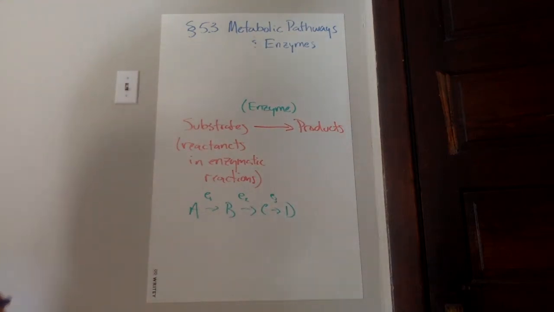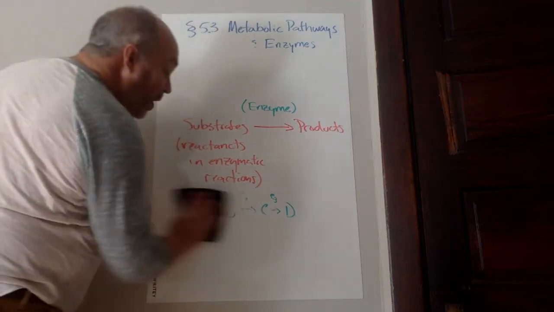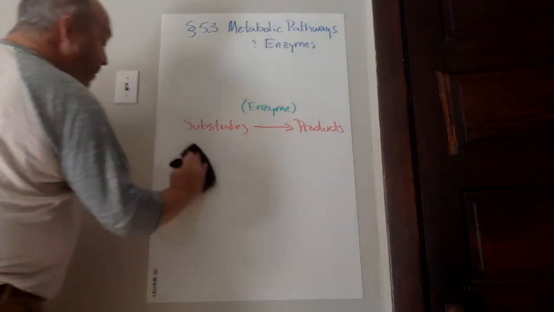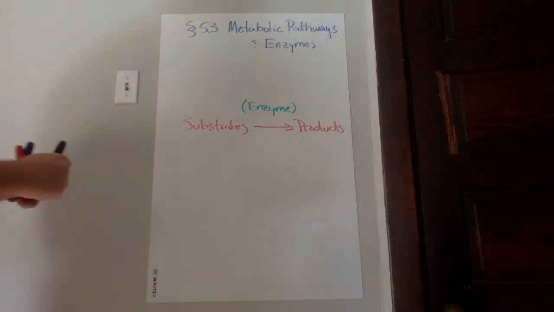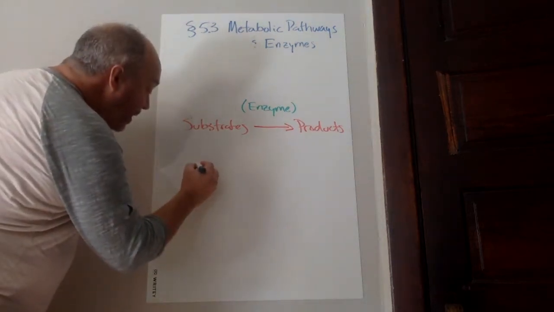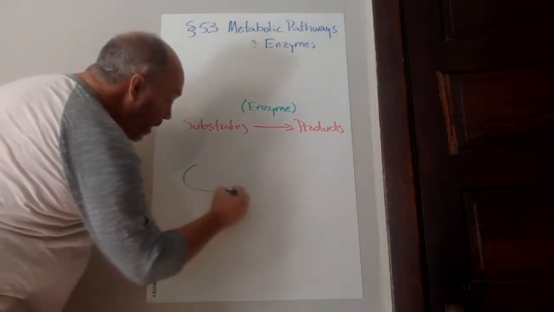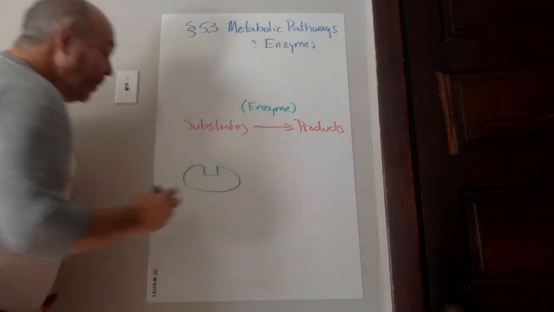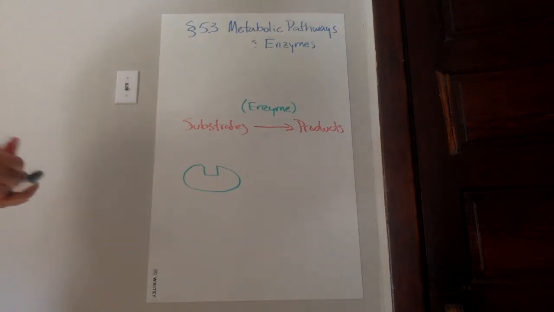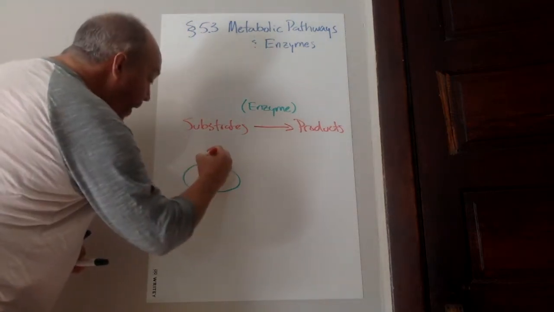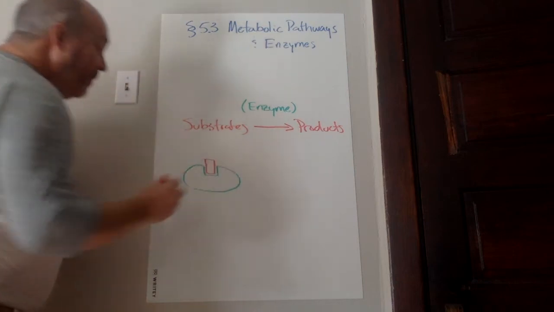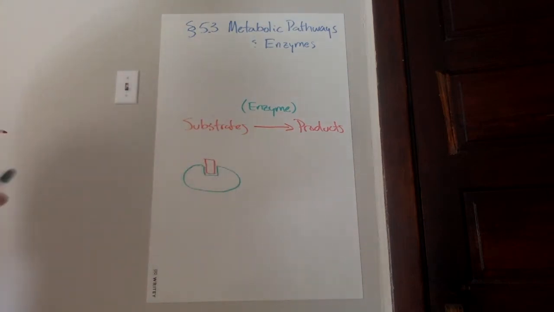Another thing that's unique about enzymes is that they often have what is called an induced fit, which means that my enzyme, so this is going to be my enzyme, in green, my substrate will be of such a shape that only it can fit into that enzyme.